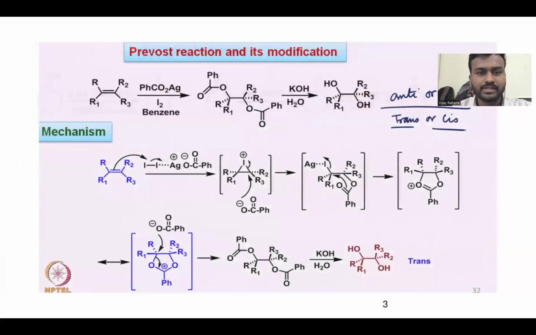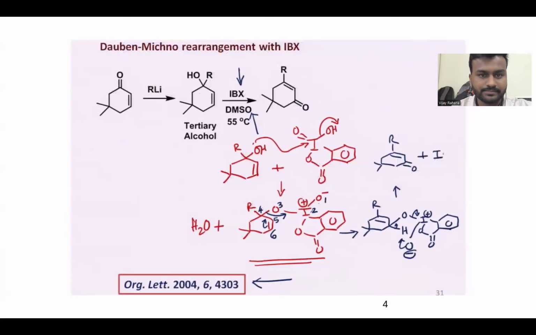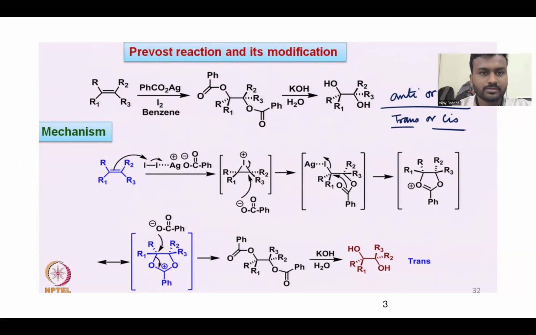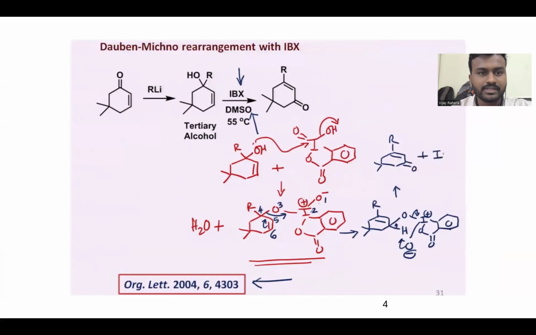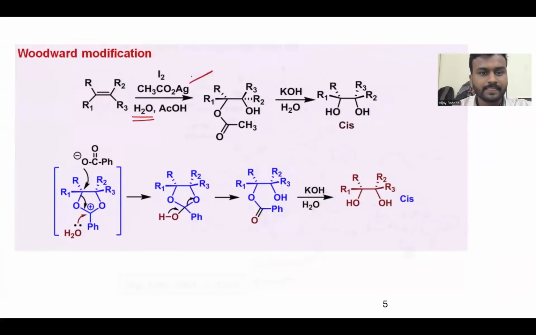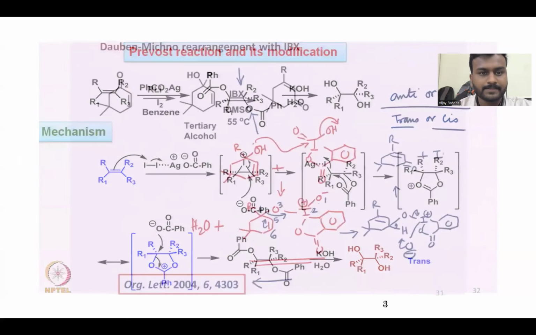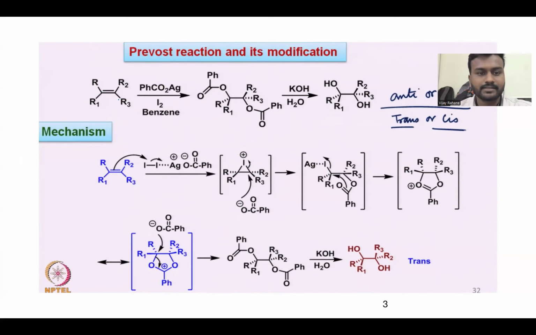The next slide I have purposefully kept is based on the Prevost reaction, and another one is for Woodward. The Prevost reaction is used for the oxidation of alkene to 1,2-diol.